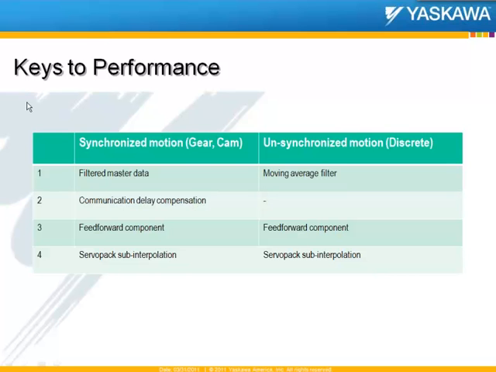Let's look at the first half here, synchronized motion, which involves two axes being synchronized to each other, either velocity or position. Some of the keys that determine the accuracy and precision of your application are, first, filtered master data. The master position or master velocity coming in, which needs to be used by the slave, has to be filtered.